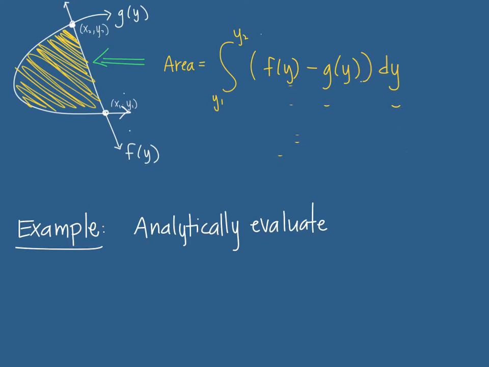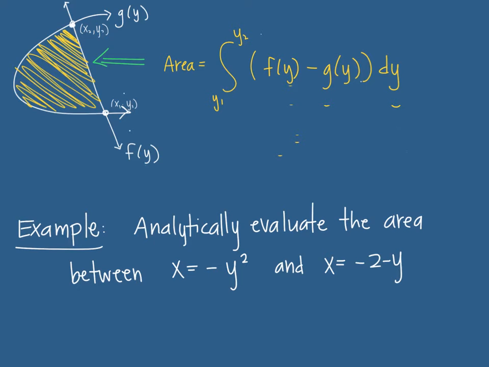All right, analytically evaluate the area between x equals negative y squared. So it's kind of a dead giveaway right there when the function is formatted x equals. It's probably going to fail the vertical line test. And x equals negative 2 minus y.